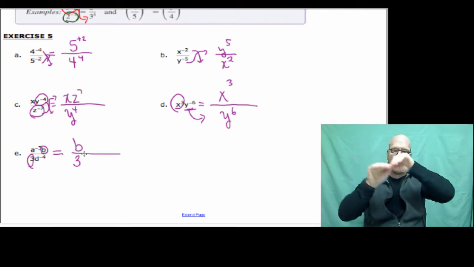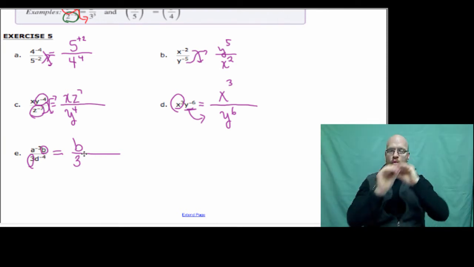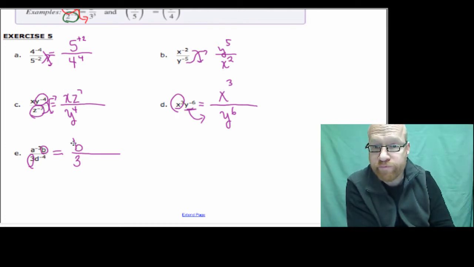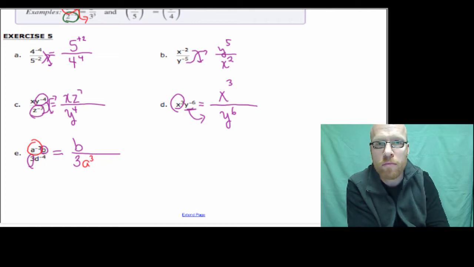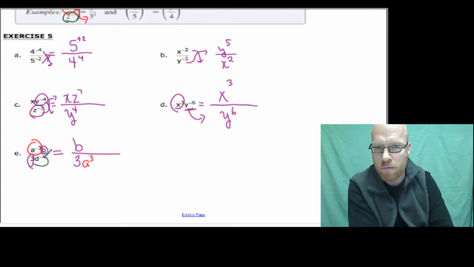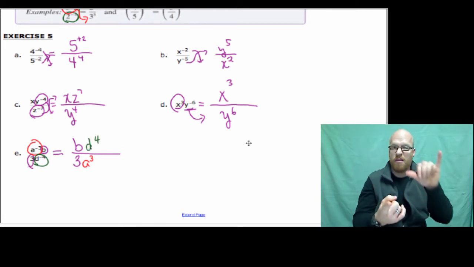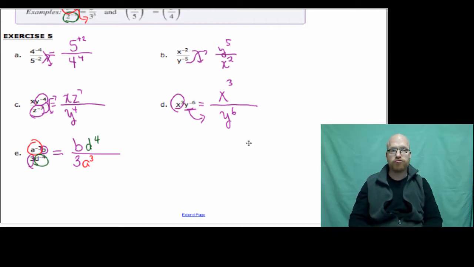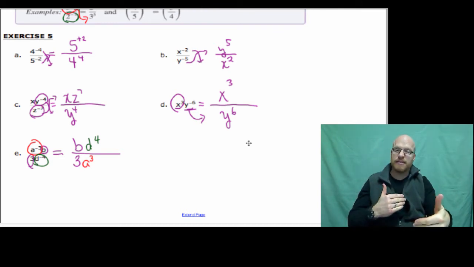Now we have a to the negative 3 and d to the negative 4. Each of those gets moved to the opposite part of the fraction. So that's our answer, b times d to the fourth over 3 times a cubed.